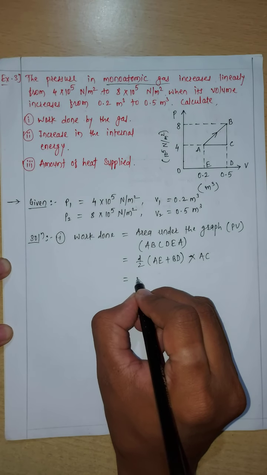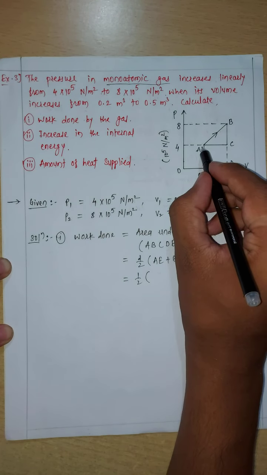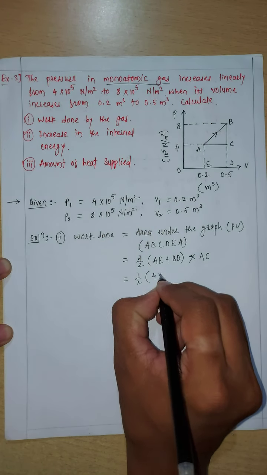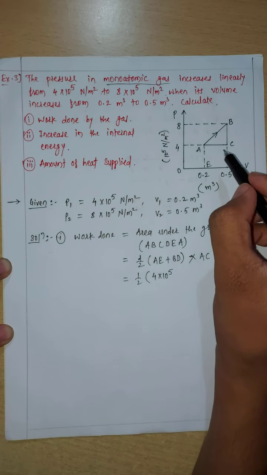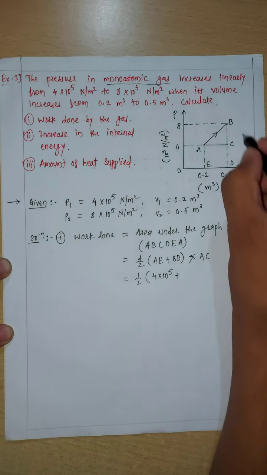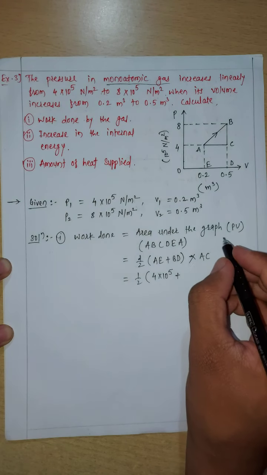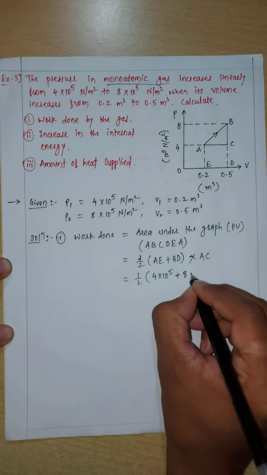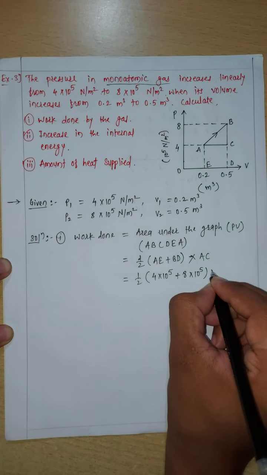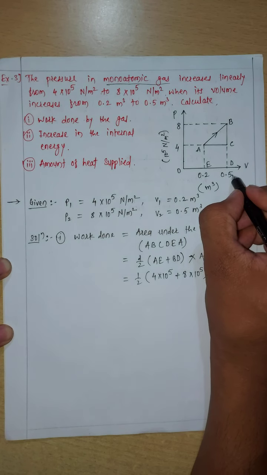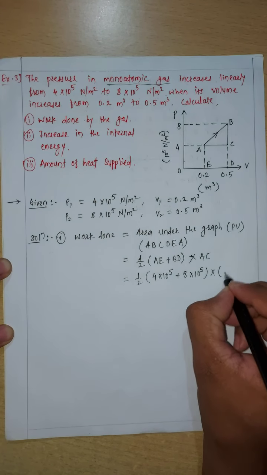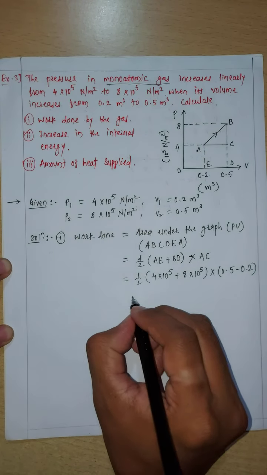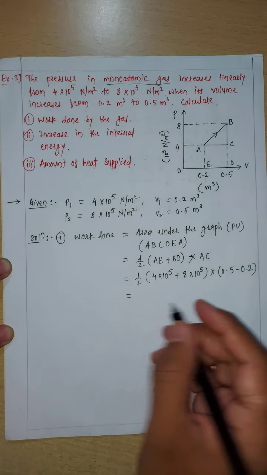So first we get the values: half multiplied by the value of AE, which is 0 to 4, that means 4 multiplied by 10 to the power 5. Then plus, sorry, not CD, it is BD, so it is 8 into 10 to the power 5, multiplied by AC. AC is 0.2 to 0.5, so it will be 0.5 minus 0.2.